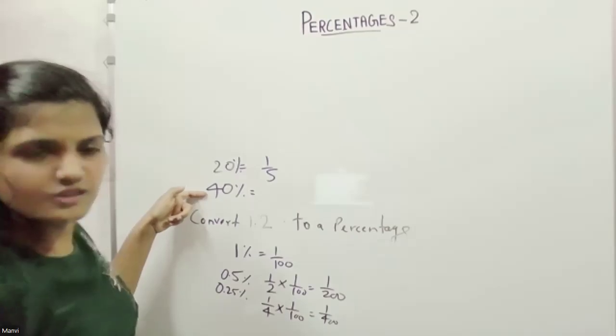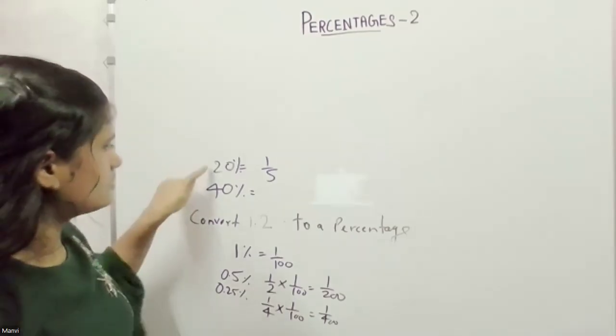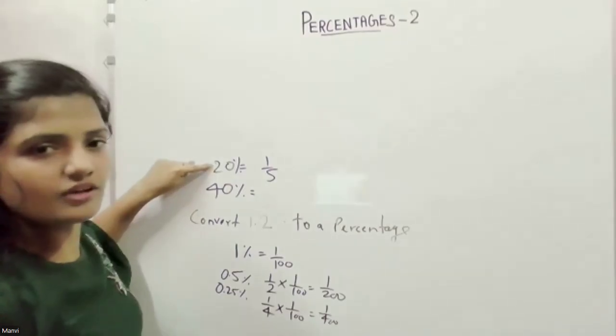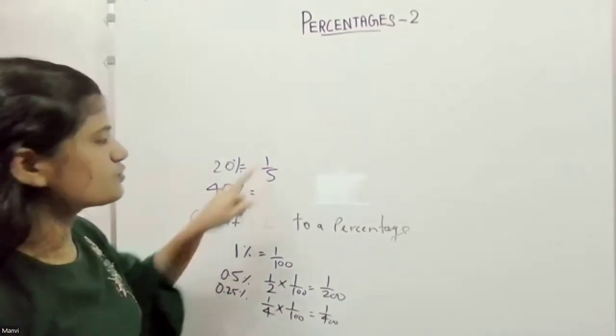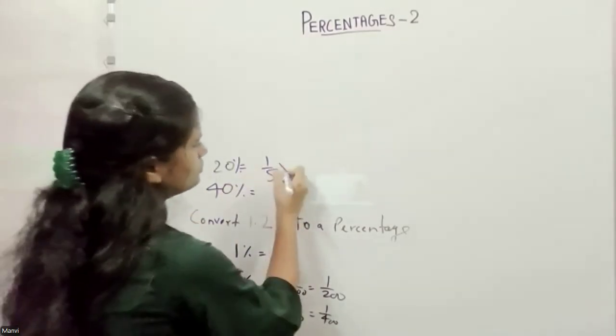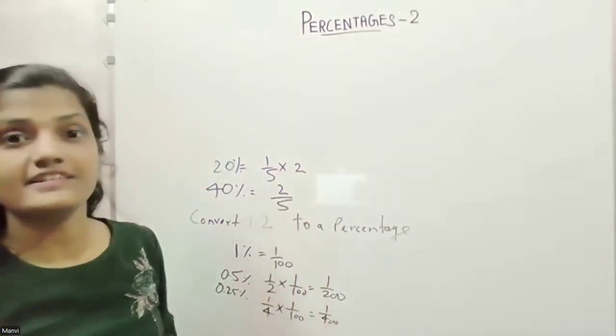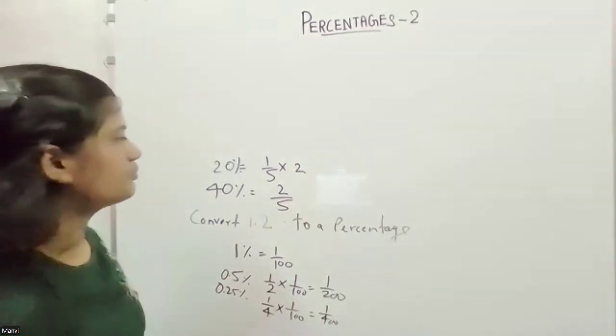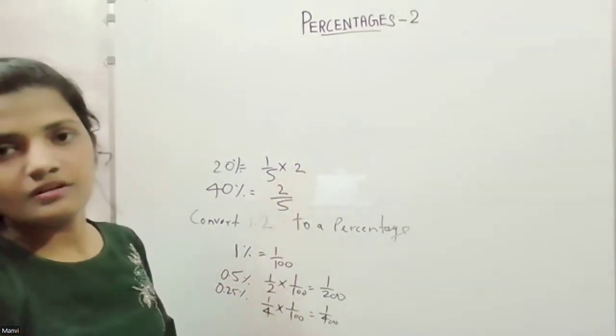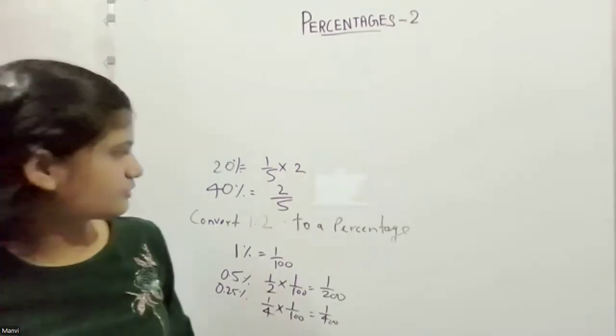Double of 20 is 40, so we multiply by 2 also. So it will be 2/5. You don't need to multiply the denominator. We always multiply the numerator only.